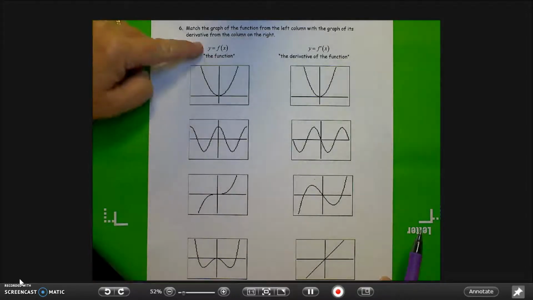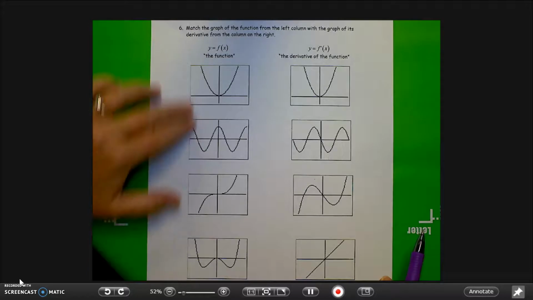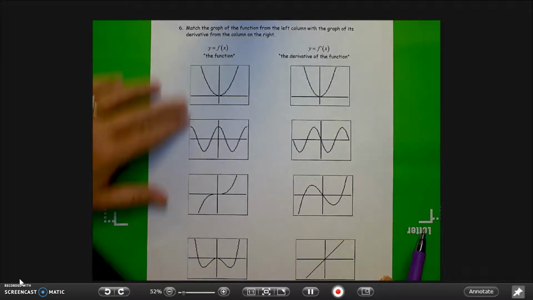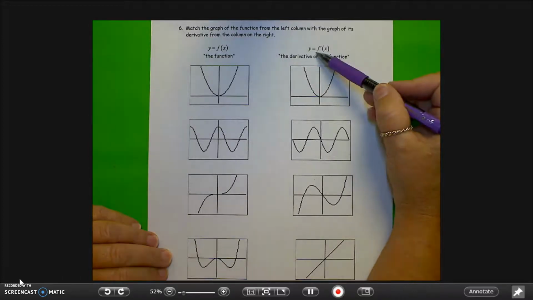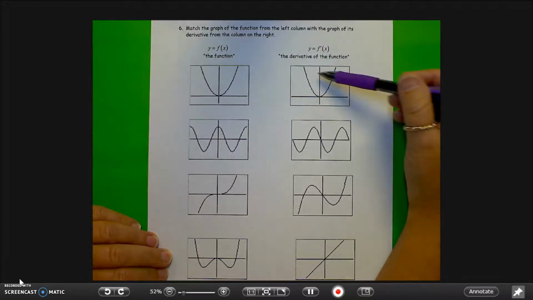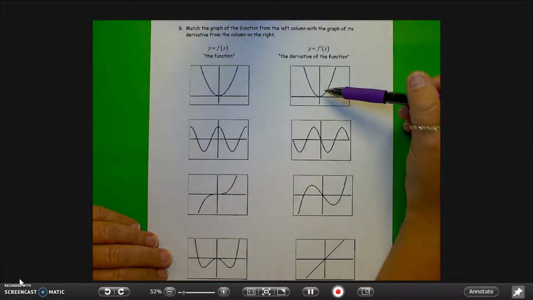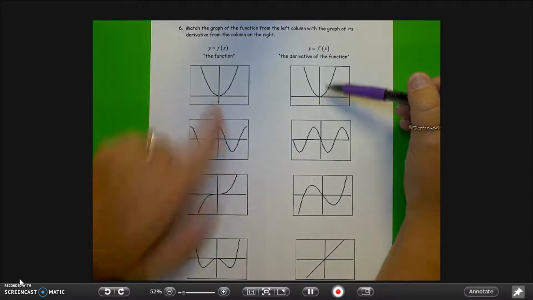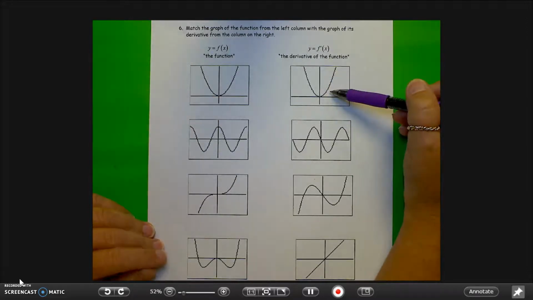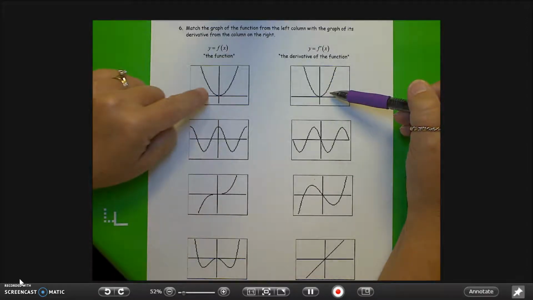So here we have the basic function. This is the function that we're looking at the tangent lines to. On this side, we have y equals f prime of x. These functions are the graphs that represent the derivatives of these functions. Okay, so the y value here is the numeric derivative value from over here.